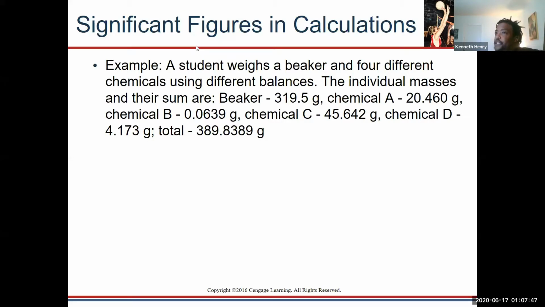The individual masses and their sums are: beaker, 319.5 grams; chemical A, 20.460 grams; chemical B, 0.0639 grams; chemical C, 45.642 grams; chemical D, 4.173 grams; and the total added all together is 389.8389 grams. Ooh, a lot of words.